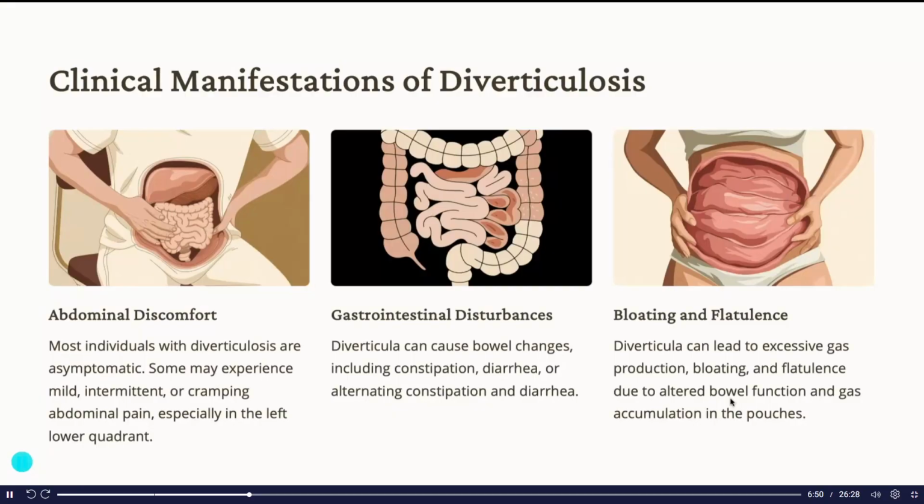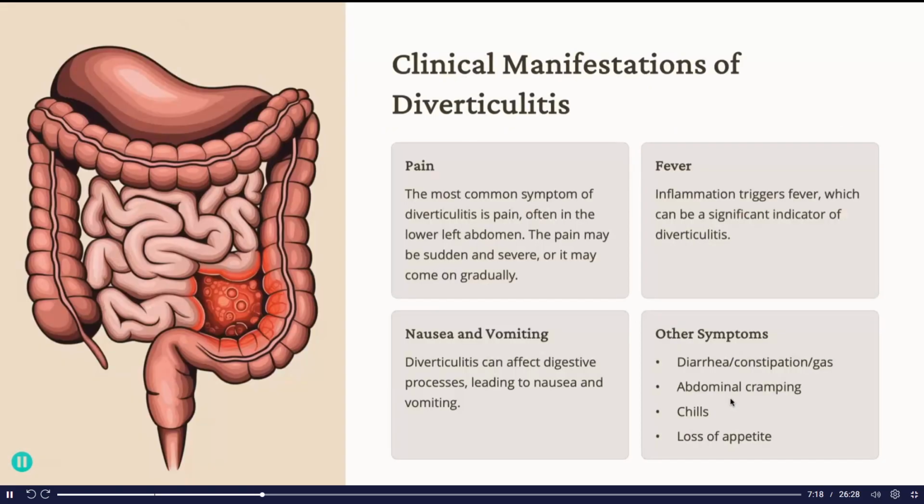And if you think about the fact that it most commonly occurs in the sigmoid part of the colon, you're going to see that pain in the left lower quadrant. They may also have a fever, nausea, vomiting, and changes in their bowel habits like diarrhea or constipation. The severity can vary depending on how bad the inflammation is and how bad the complications are. So we're going to look at that now on this slide here.